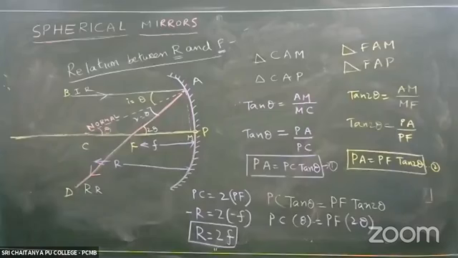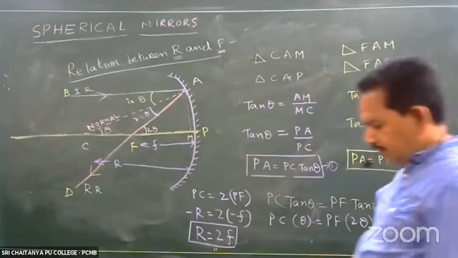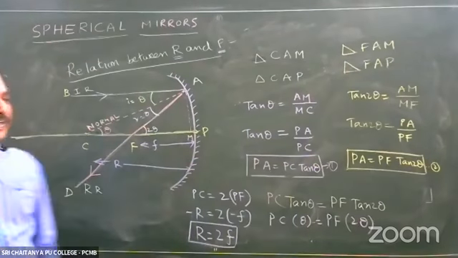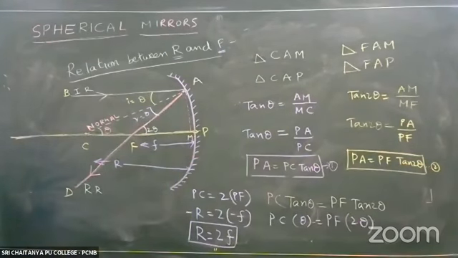Have the snapshot. Relation between the radius of curvature and the focal length in the case of a spherical mirror. The final result we can apply for concave and also convex mirror.